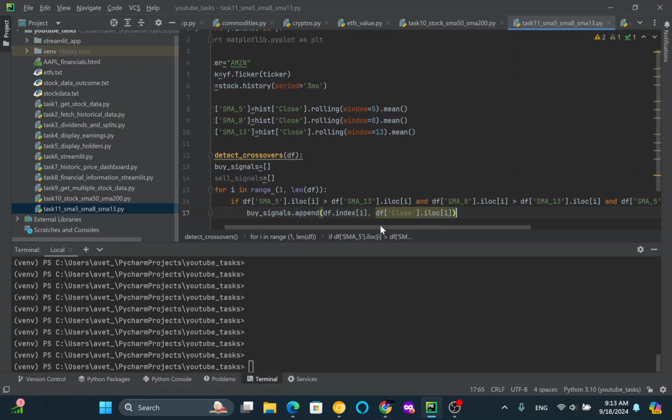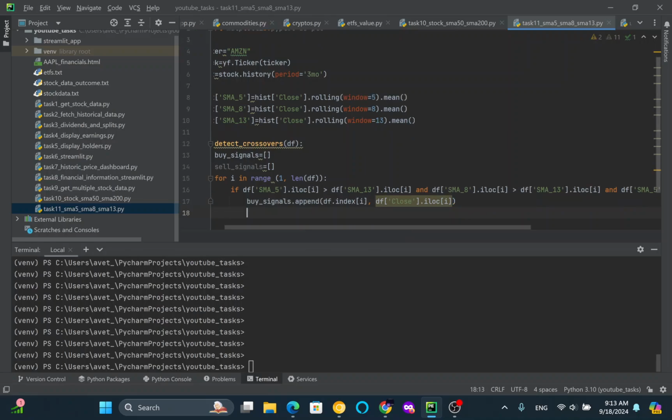So we are adding to our buy signals list the index when it happened, and the value of it. We covered the buy part.